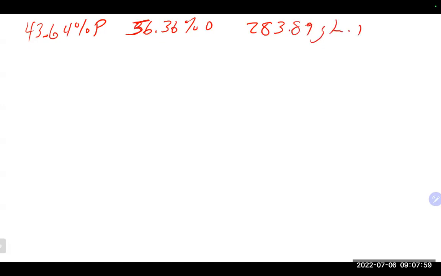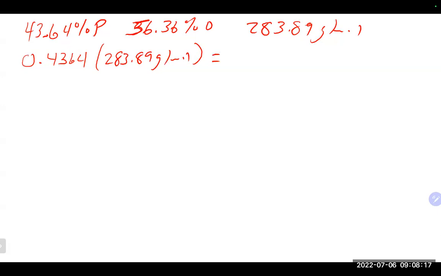Since you do have the percent composition of each of these elements and you do know the molar mass of the compound, you could just take the percent of phosphorus, for example, convert it into a decimal, which would be 0.4364, and multiply it by the molar mass of the entire compound here.